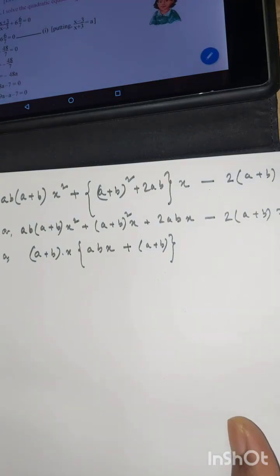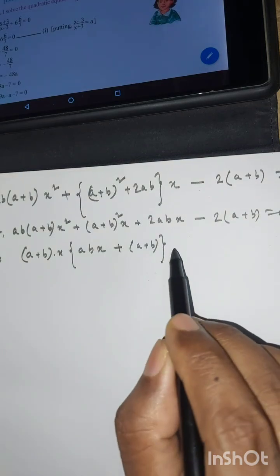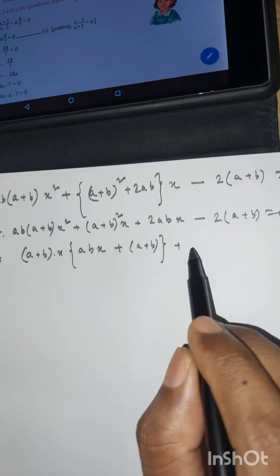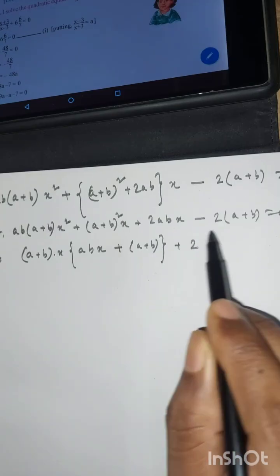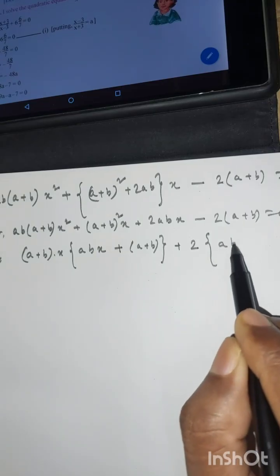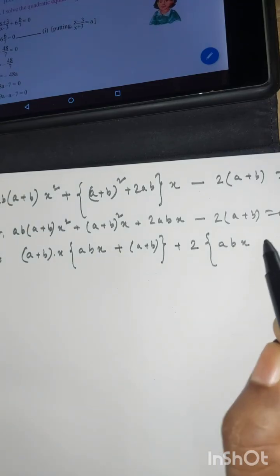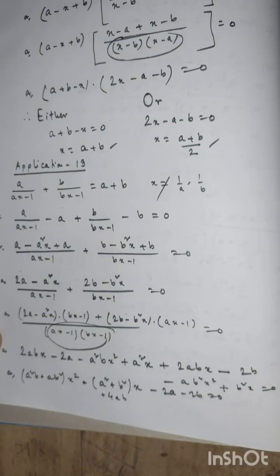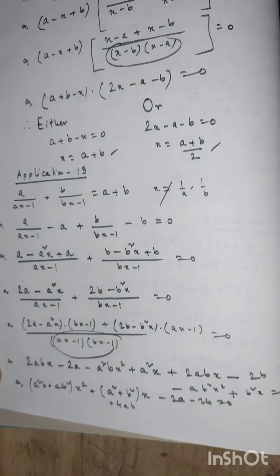Now if we take two common from these two quantities, we can write abx, sorry friends, I have made a mistake.